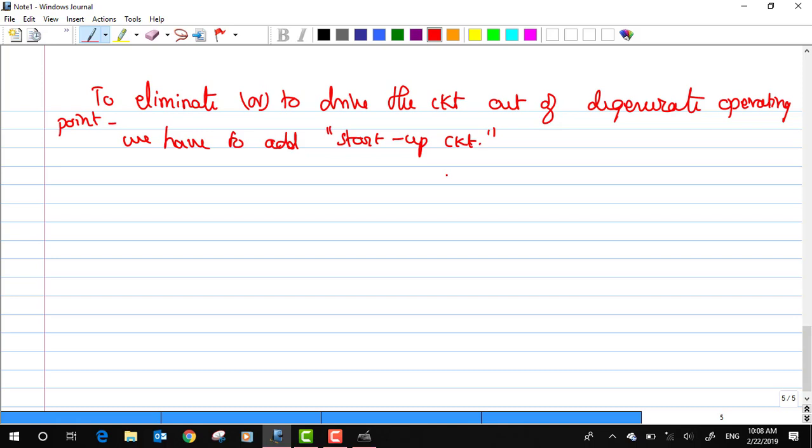But it's a pretty simple circuit. There is a diode connected configuration that we need to add, but I will tell you there are two important properties that need to be satisfied by this startup circuit, okay? The moment I turn on the device, or the moment I turn on the supply, at the moment at which I turn on the switch, the supply is on, and the startup circuit has to be on, okay.